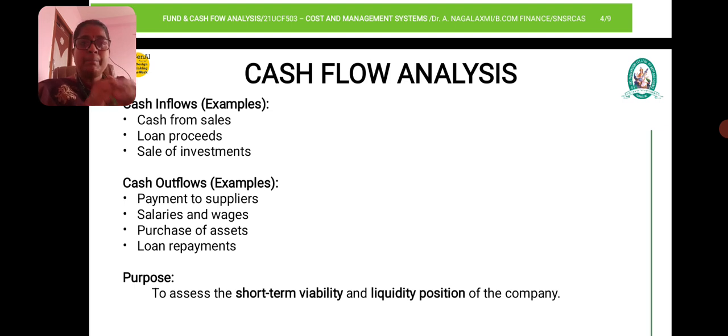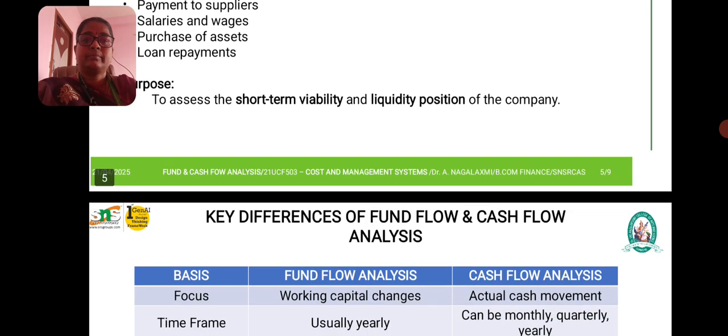So the main purpose of the cash flow analysis is to assess the short-term viability and liquidity of the company. Whereas in fund flow analysis, it is assessing the long-term financial strategy and investment decision. But here it is to assess the short-term viability and liquidity position of the company.